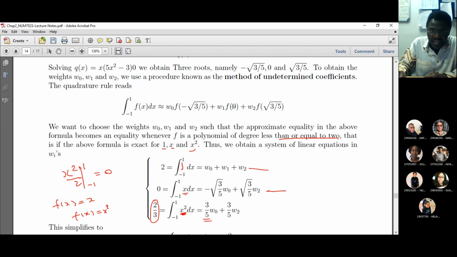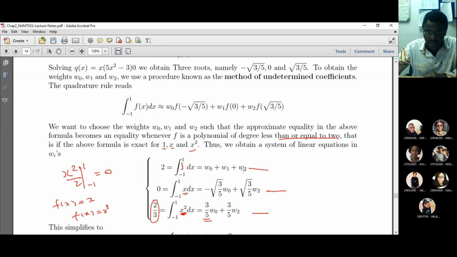Now, if I say x equal to 0, it's still 0, 0 squared is 0, so W1 is not present. Now I replace x with square root of 3 by 5, it is still 3 by 5, which I multiply by W2. So I have my 3 equations.